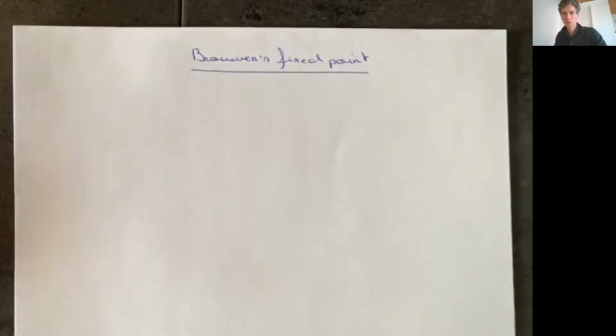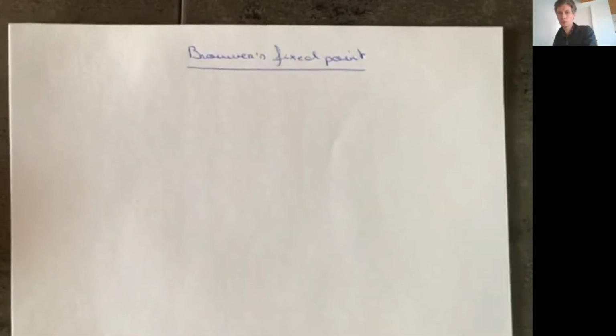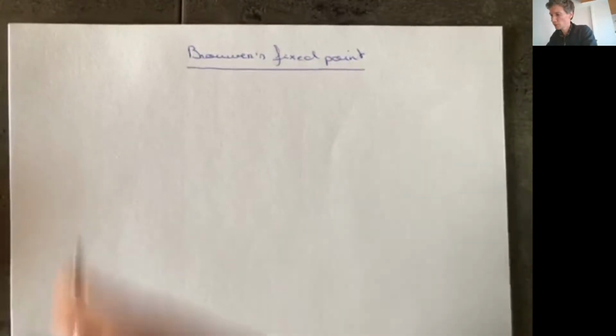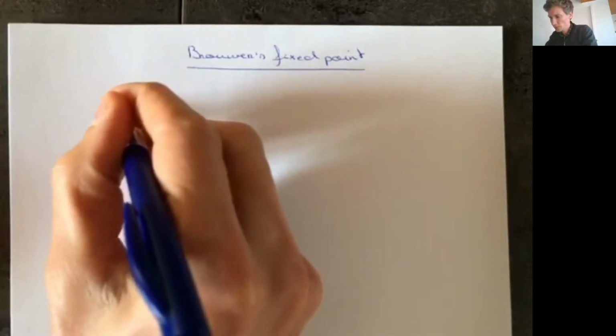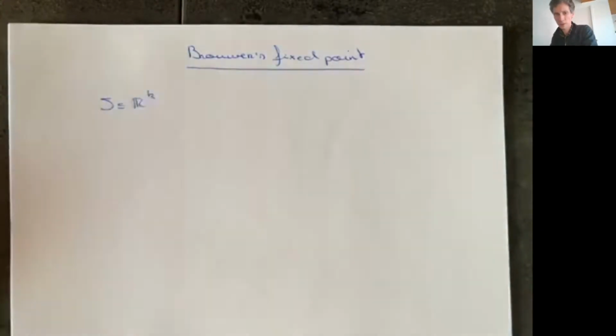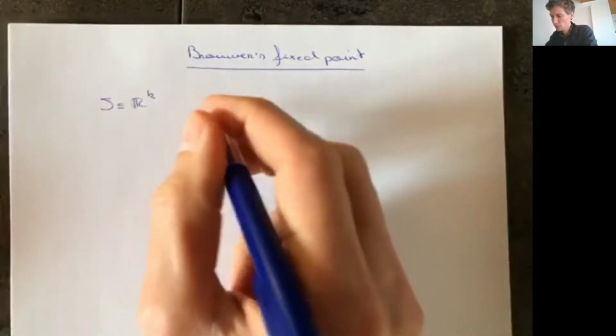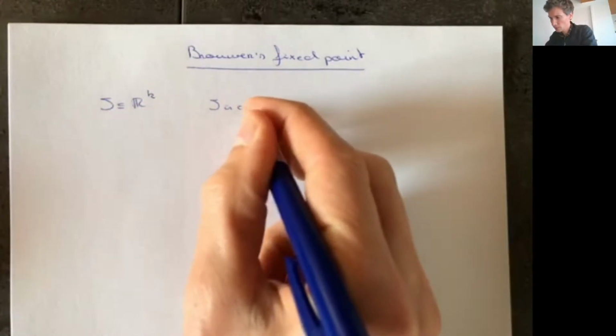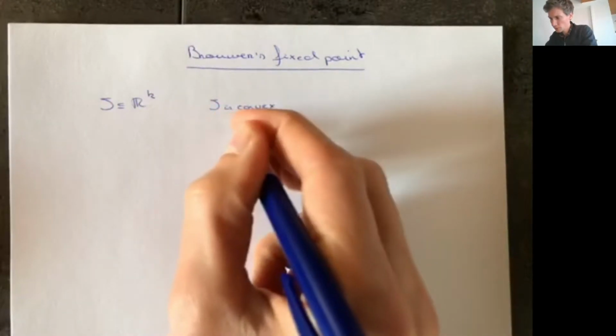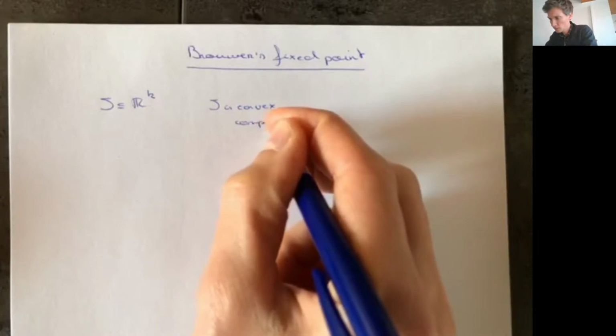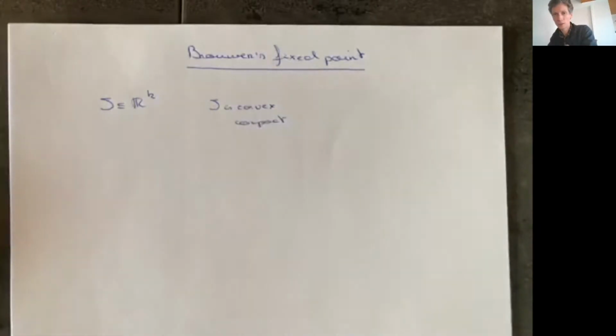Okay. So let's recall what Brouwer's fixed point theorem actually said. If we have a subset S of R^k, and we assume that S is convex and compact, and we already gave some indication that this convexity is actually a bit too strict.